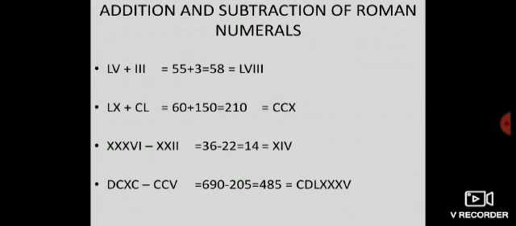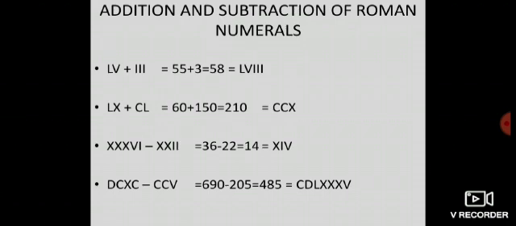Subtraction is also done in the same way. XXXVI minus XXII. It is equal to 36 minus 22, which comes to 14, and then it is written in Roman numeral as XIV. The last one, DCXC minus CCV.